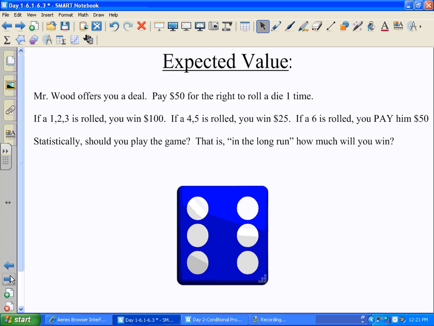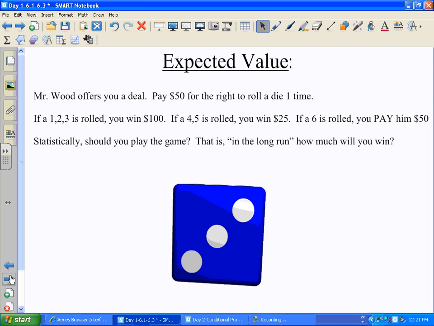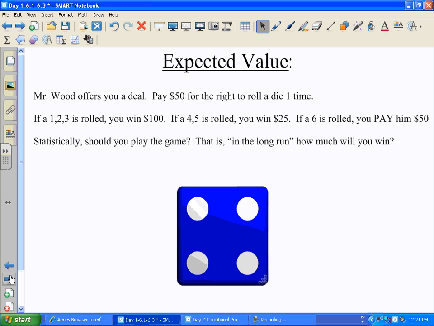So basically, I'm going to hand you this dice. It's going to cost you $50. When you roll the dice, if you roll a 1, 2, or 3, I'm going to give you $100, which is a profit for you of what? $50. Do we agree with that? Okay.